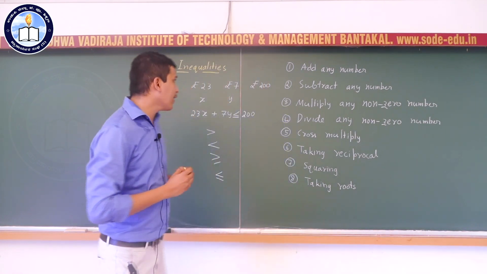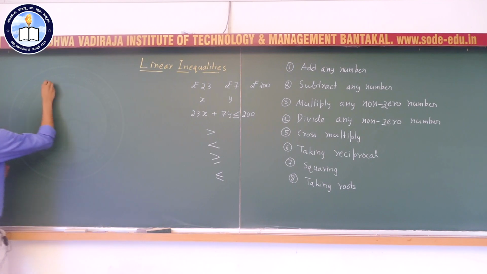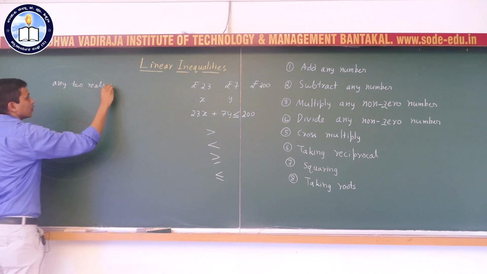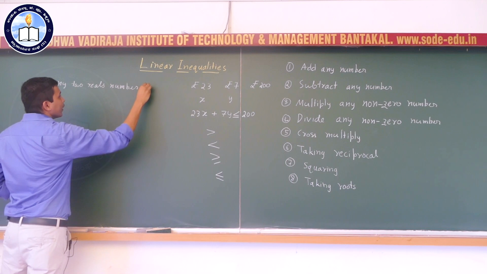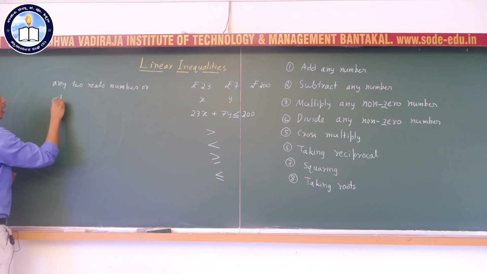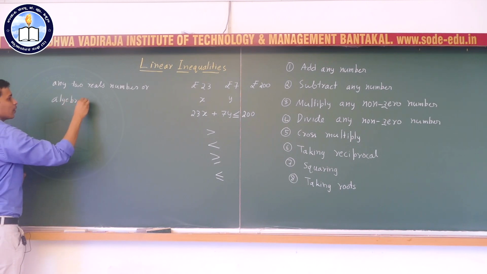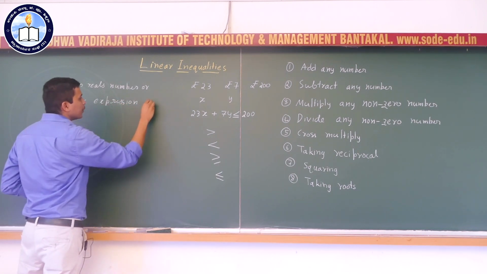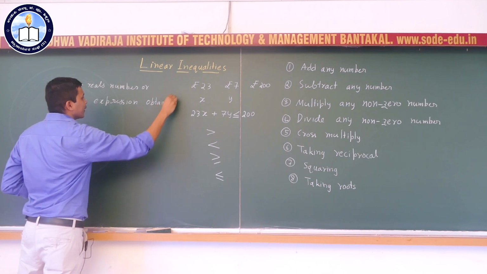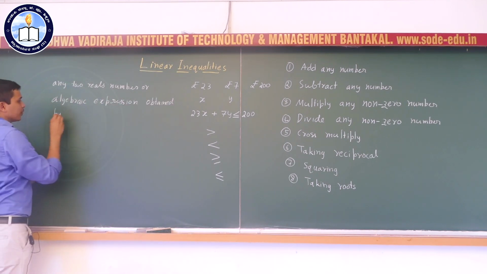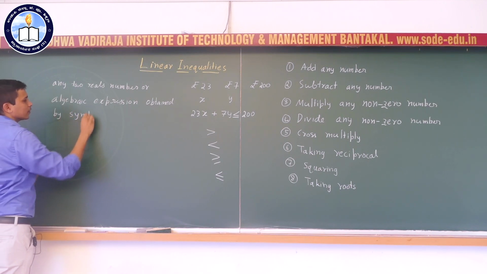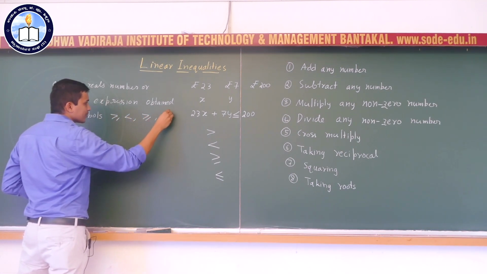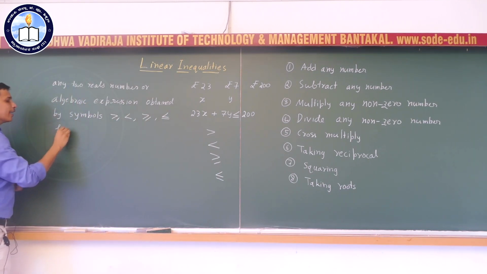Your definition says that any two real numbers or algebraic expressions obtained by the symbols greater than, less than, or greater than or equal to, less than or equal to, form an inequality.